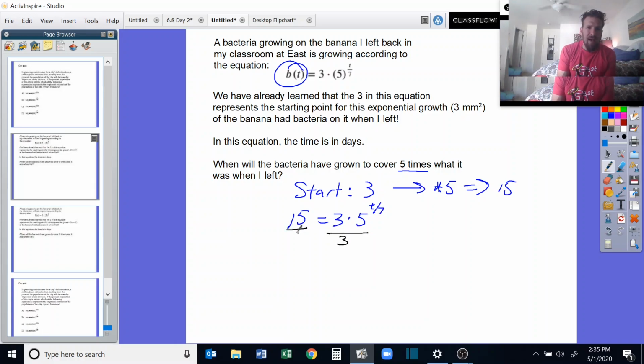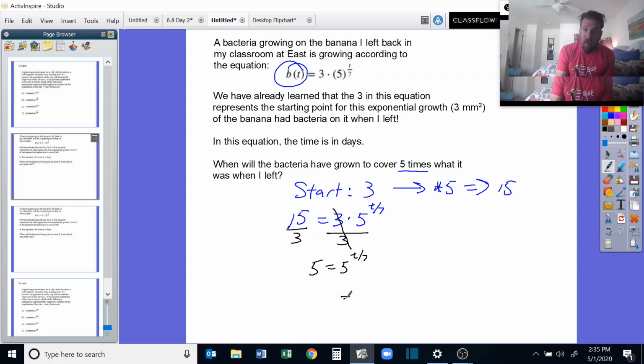So I'm going to divide both sides by 3. This is multiplying by 3, and I want that to cancel out so that I can get that exponential 5 to the t over 7 by itself. So I have this. Now I'm going to use what I learned about changing this into logarithm form. And what I learned is that logarithms are the way that we solve for this exponent.